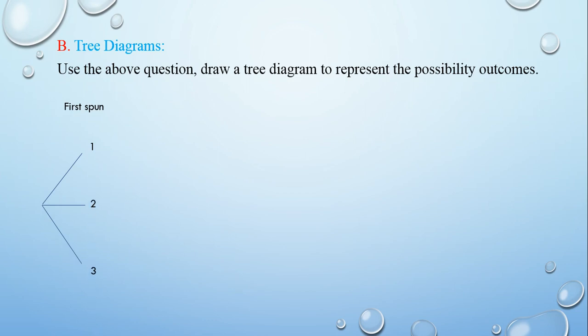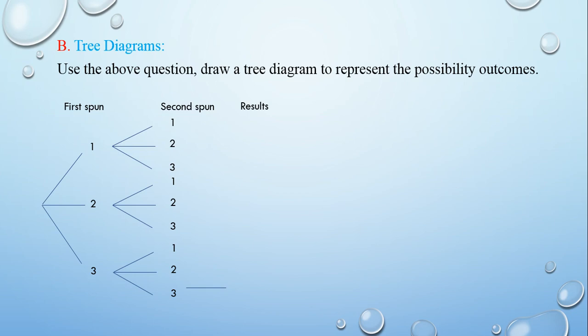There are 3 results, 1, 2, 3. And for the second spin we also have 1, 2, 3, and we combine it with the first spin too. We just consider the possible cases. If the first spin gets 1, the second spin will get 1, or it can be 2, or it can be 3. These are just choices.